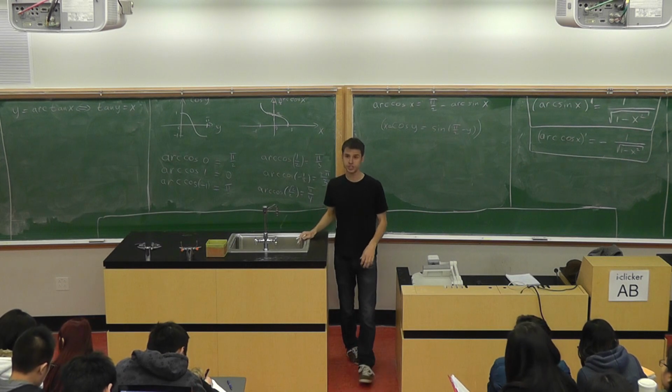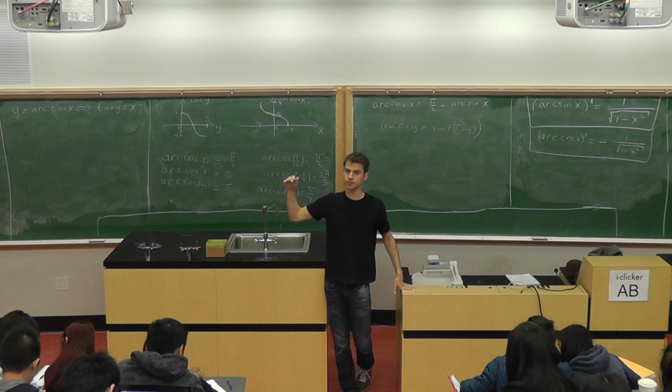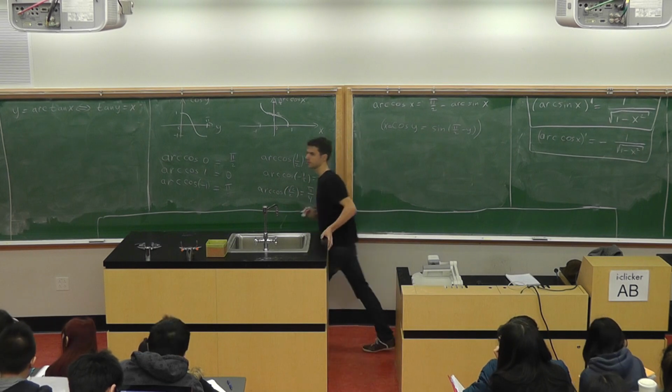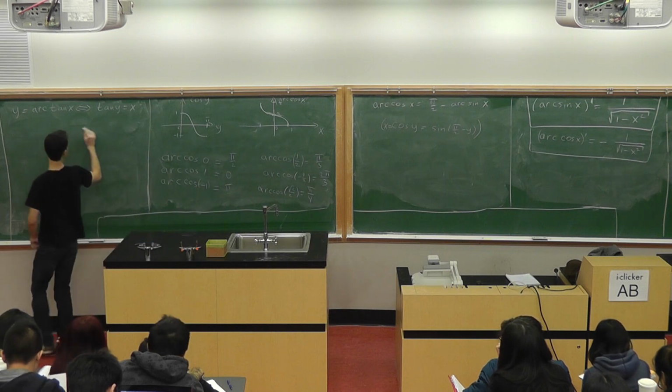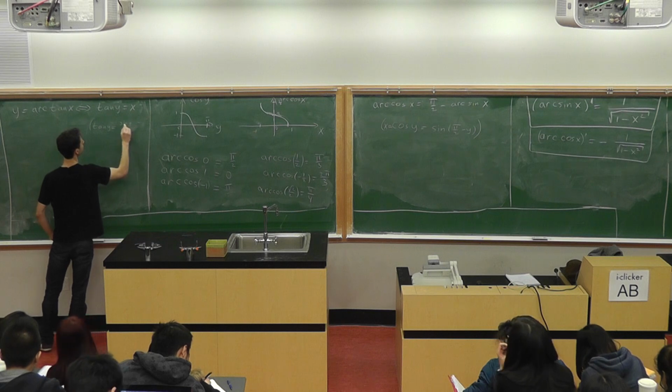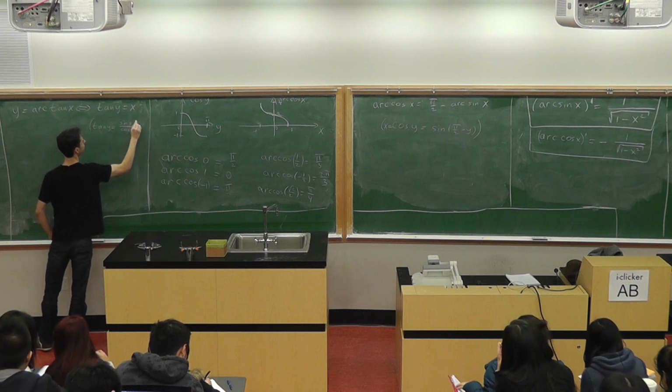Just let me recall that tangent of something is sine of this something divided by cosine of this something.